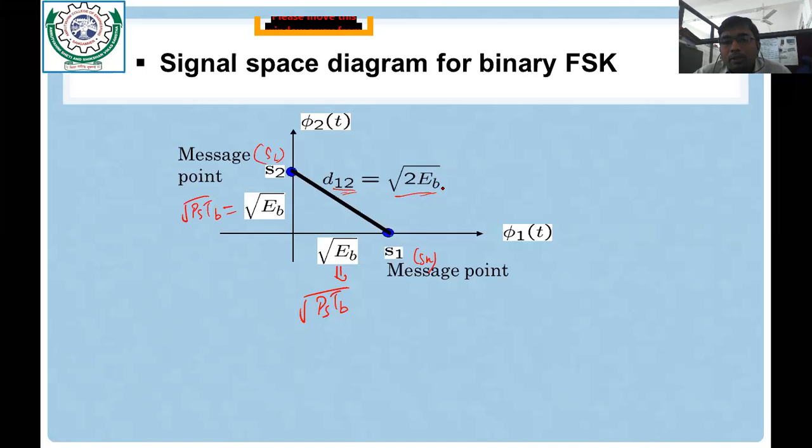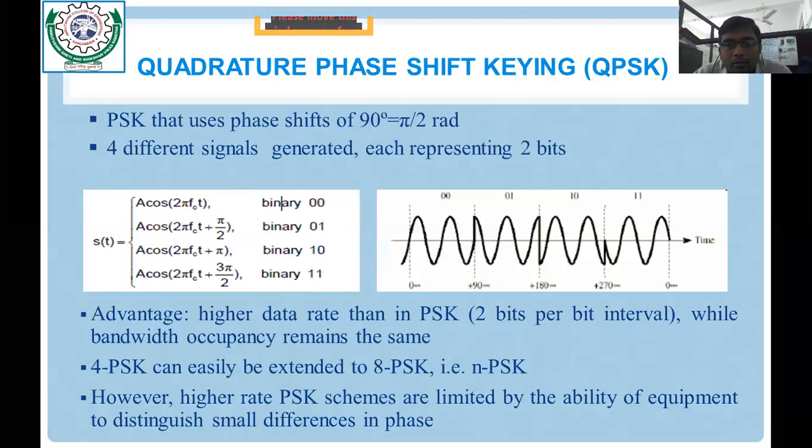Here you can see that the two carrier signals are orthonormal to each other, because in the BFSK signal we modulate the frequency only, while the phase and amplitude are kept constant. That's why there are two different axes that are orthonormal to each other. I hope all of you have drawn this by now. After defining this equivalent distance, that is all about binary FSK signaling.